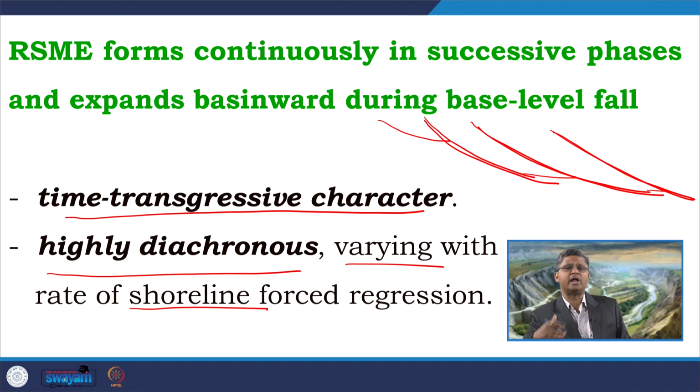Different parts of the shoreline behave in different ways during the forced regressive phase, depending on the wave energy condition, the gradient, and the sediment supply. Accordingly, the RSME surface can form in different parts of the basin at different times as we move along the strike. So, it is a highly diachronous surface.